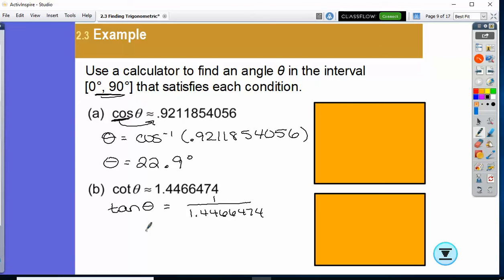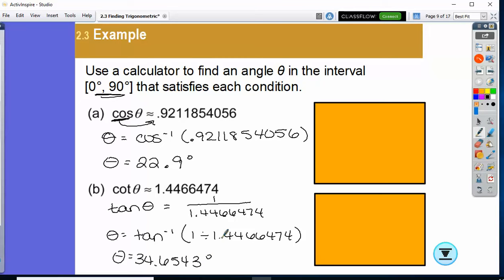Then, if I want to move my tangent, I make it tangent inverse of 1 divided by that. If I type that in, I get 34.6543 degrees.